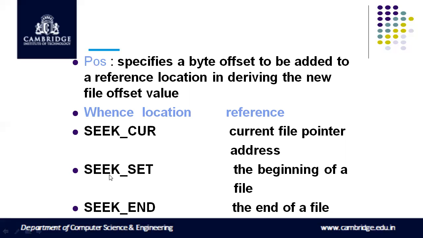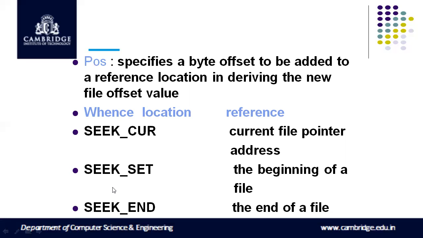The next one is seek set. Seek set refers to the beginning of the file, meaning it starts doing its operation from the beginning of the file. Okay, meaning your pointer will point at the beginning of the file.